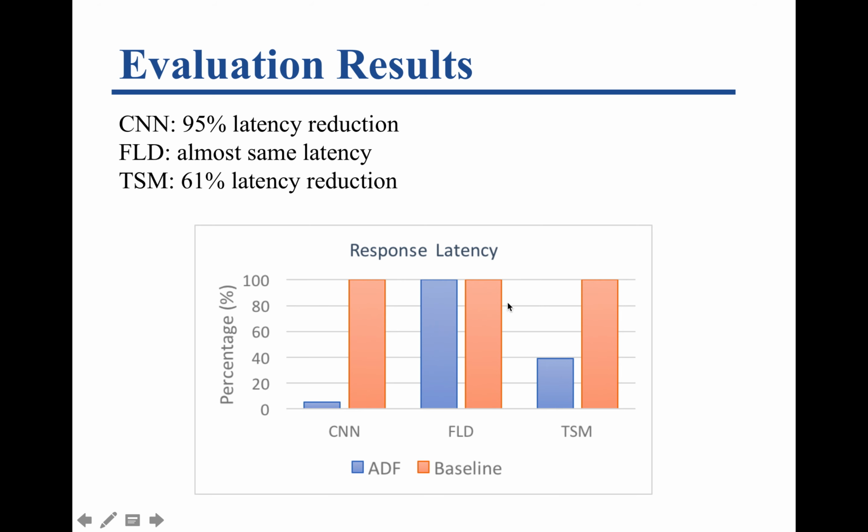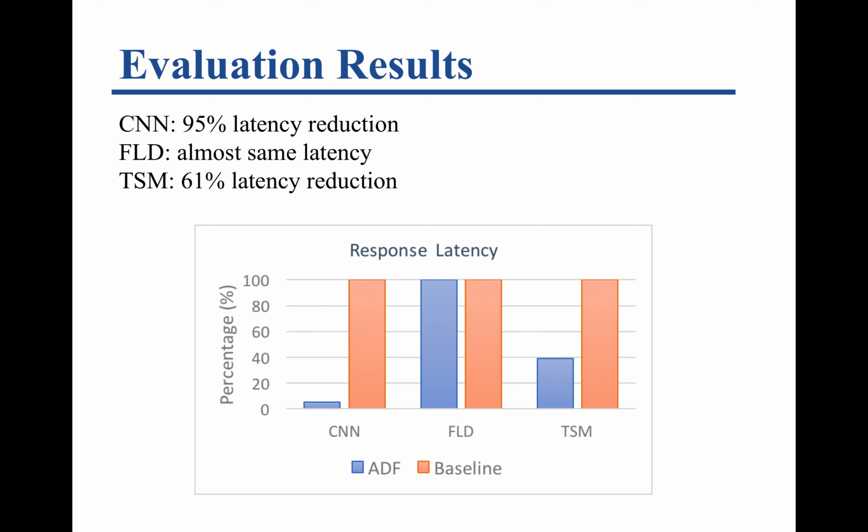The figure shows the relationship of response latency between our solution and the baseline. The CNN application achieves 95% latency reduction, and the traffic situation management achieves 61% latency reduction.